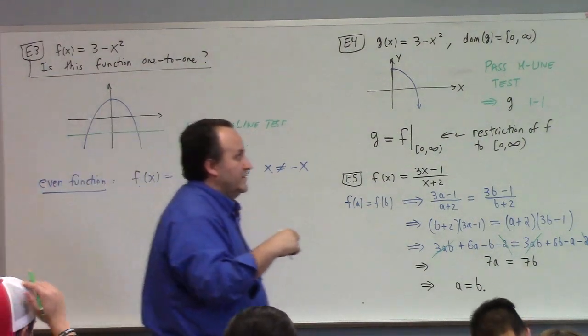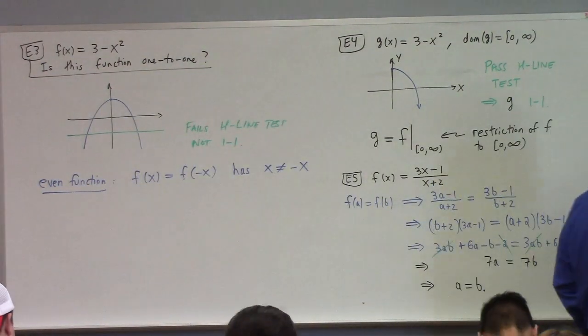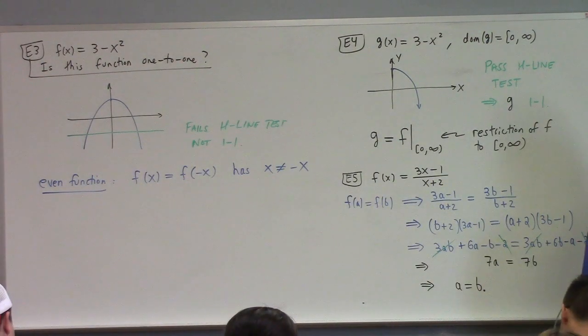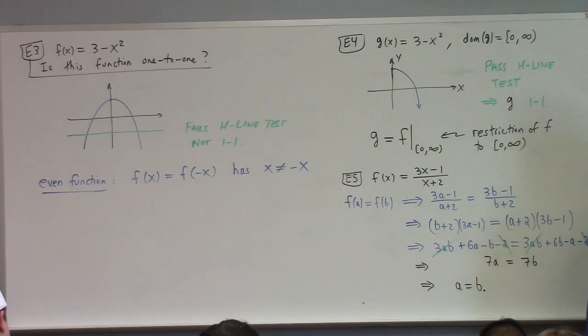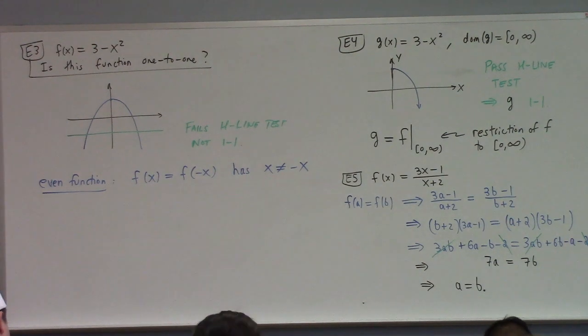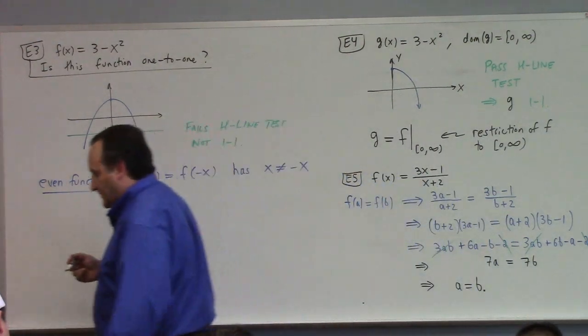So algebra, is this function 1-to-1? Let's begin by supposing f of a is equal to f of b. So that tells me 3a squared minus 8 is equal to 3b squared minus 8. Can you guys solve that?